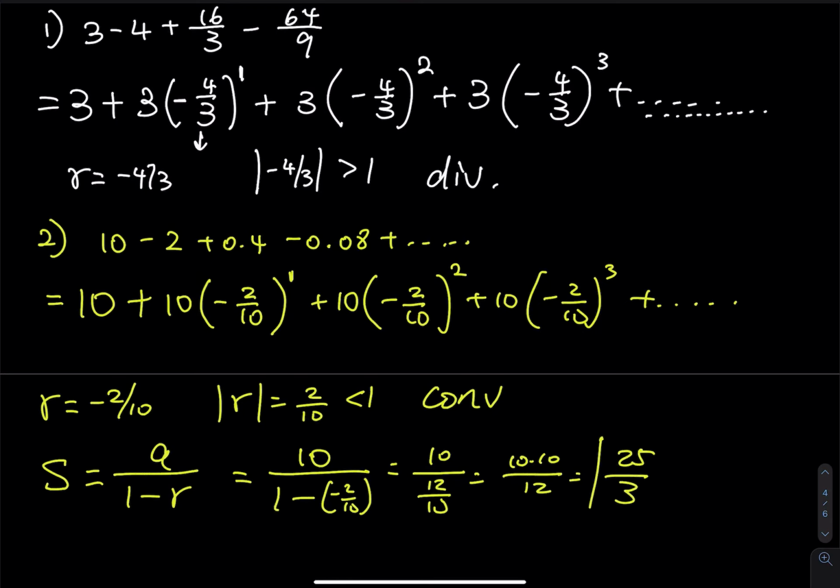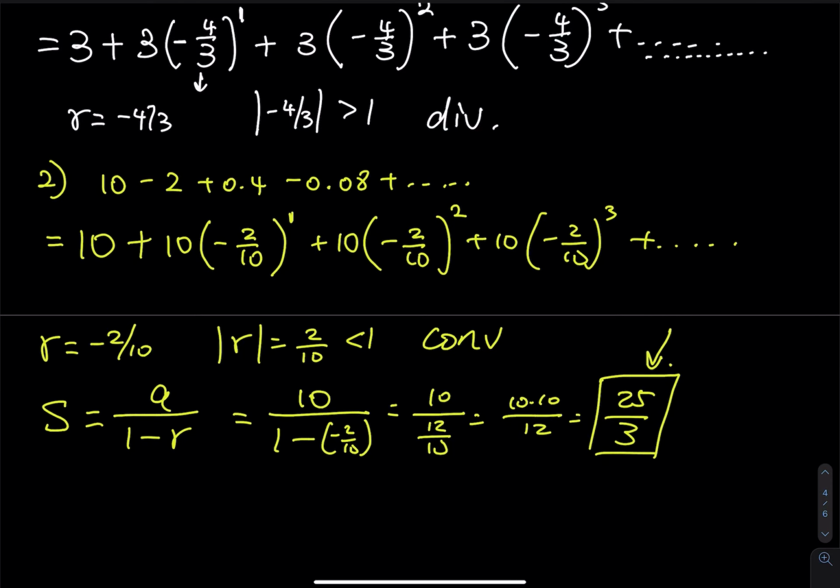So that means even though you are adding up infinitely many terms, listen to me right now, the sum is going to be equal to 25 divided by 3. Because as you move up, you have negative 2 over 10, and then you raise that to a very large power, that is going to give you something very close to 0.